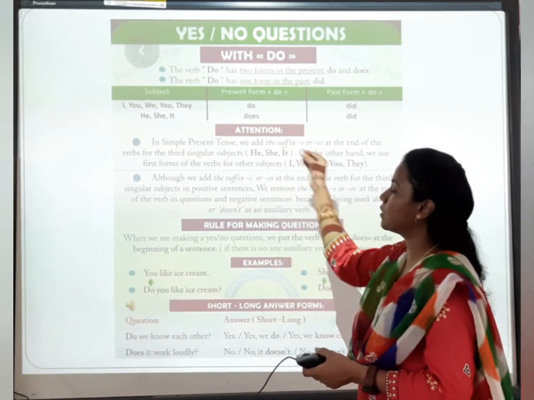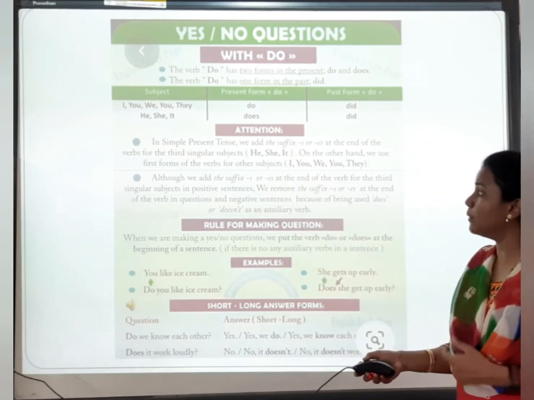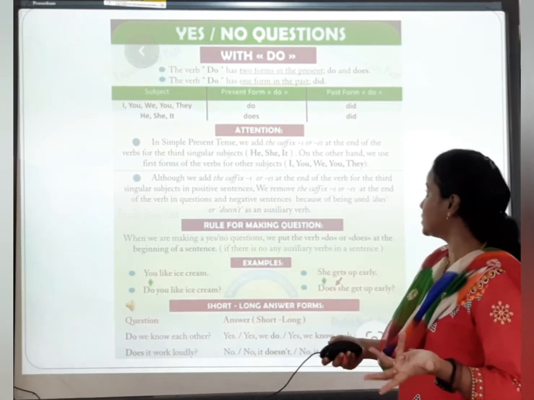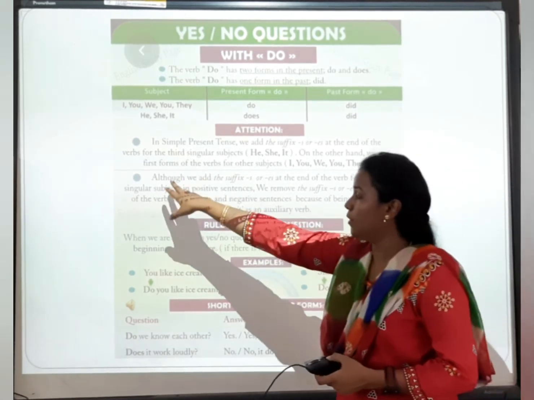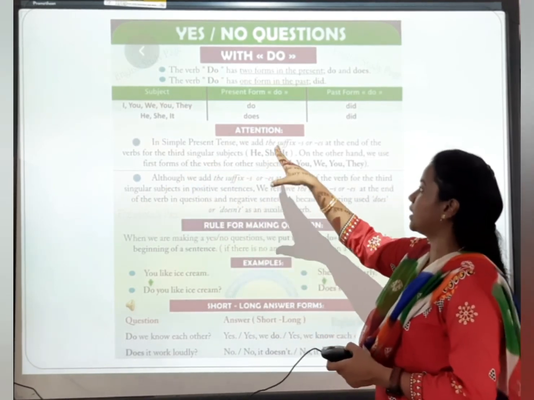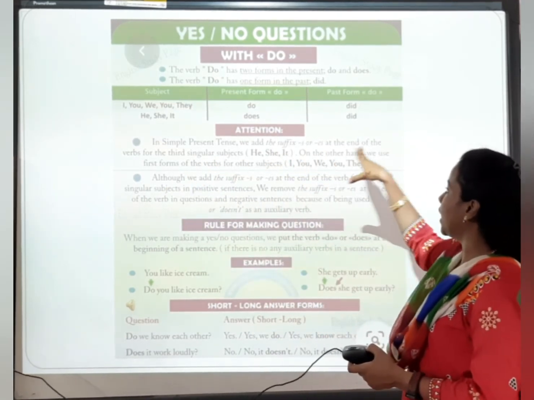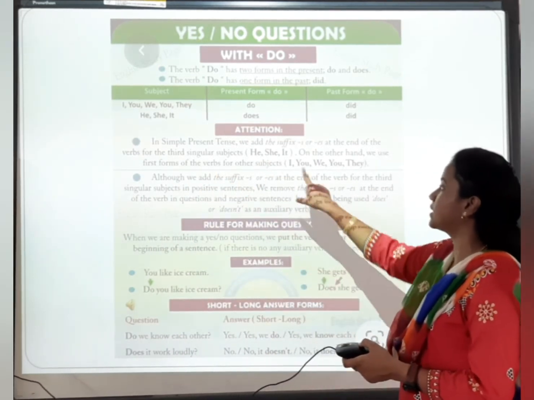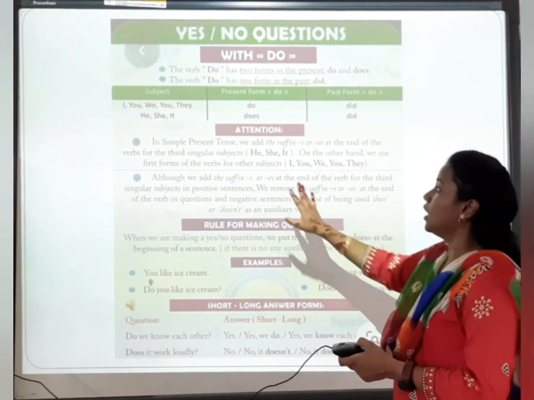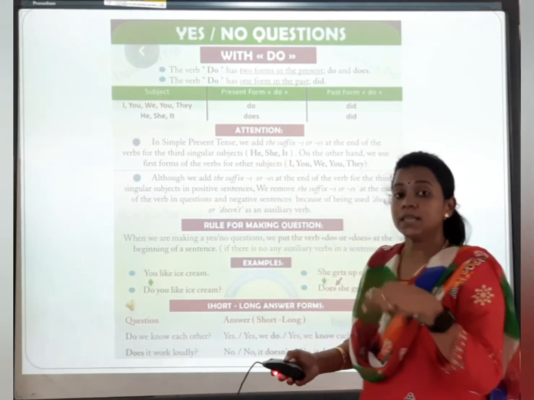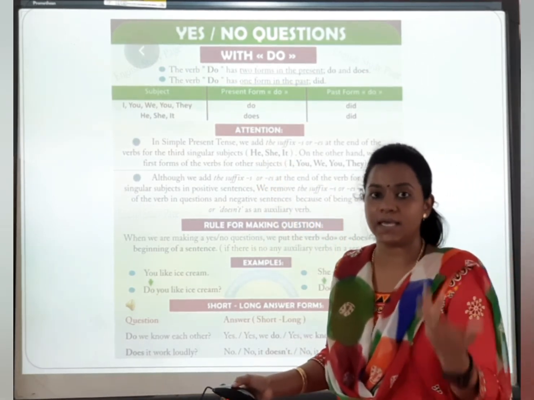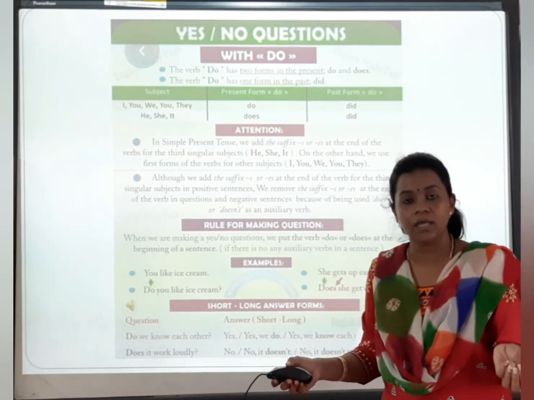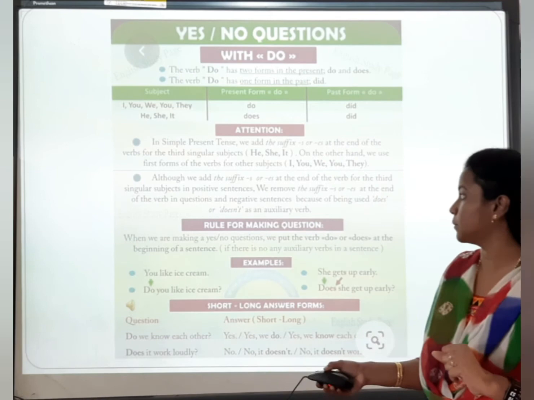Now here we have given some more information, that is in simple present tense we add the suffix, that is s or es at the end of the verb for the third person singular subject, that is he, she, it. On the other hand, we use the first form of the verb for other subjects, that is I, you, we, you, they. Now he, she, it होता है तब हम verb के आगे s या es लगाते हैं, और जब हमारे पास I, you, we, you, they होता है तो हम वहाँ पे नहीं लगाते.